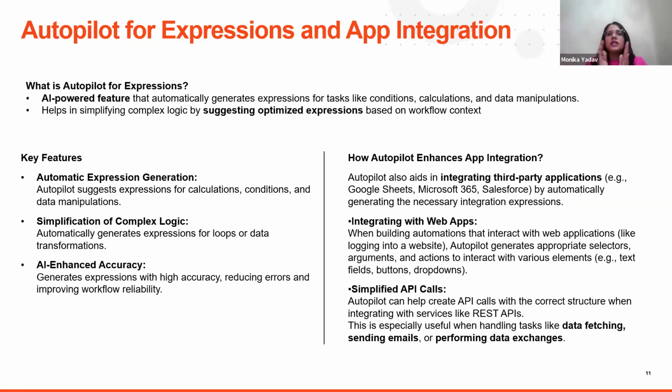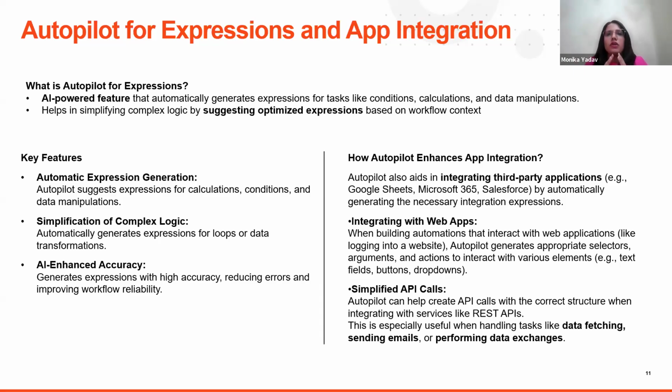Okay, so now let's take a closer look at one of the most productivity-boosting capabilities of UiPath Autopilot, and that is its support for expression generation and integration with third-party apps and web platforms.